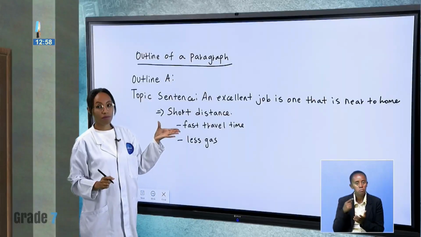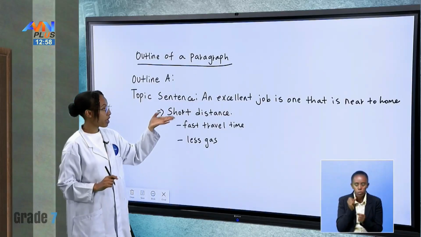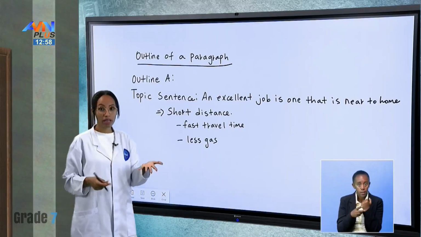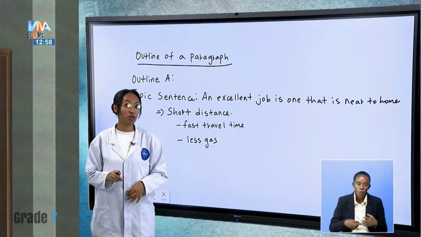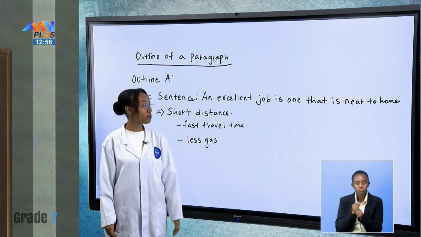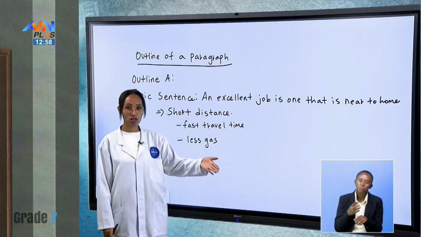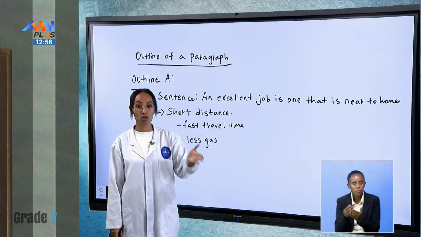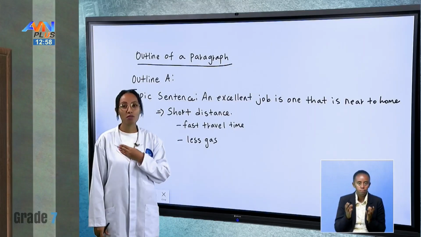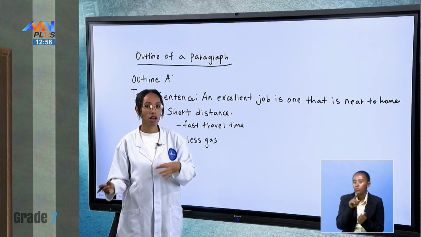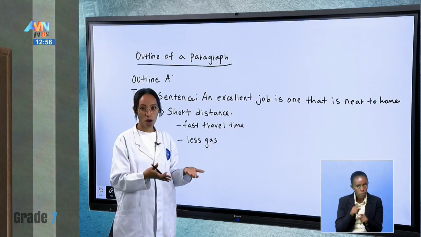So if our home is very near to our job, it will save us traveling time. And you cannot complain to your employer that it has taken you so much time to get from your home to your job. It would be easier for you to travel a short amount of time to go to your job.